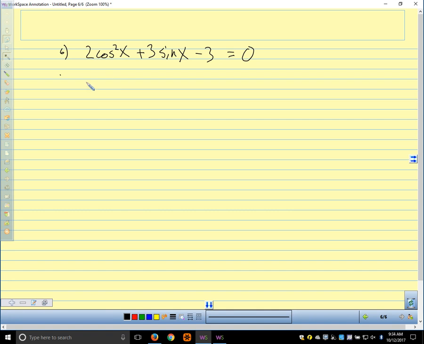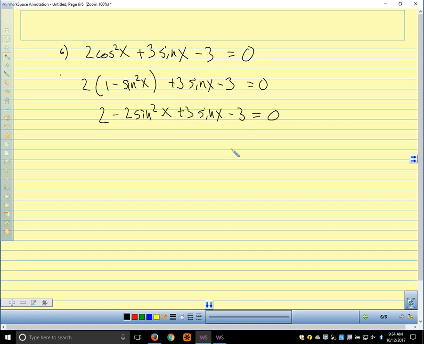So I'm going to write cosine squared as 2 times 1 minus sine squared x. So I have 2 minus 2 sine squared x plus 3 sine x minus 3 equals 0. Now we just have sines involved here.